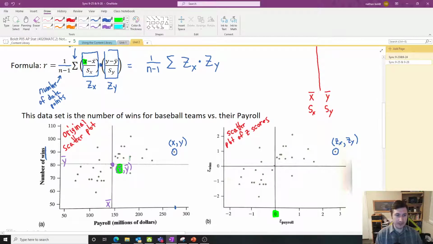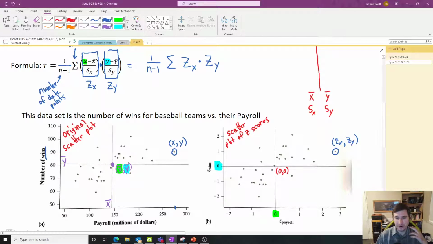And if I do the same thing for y, plugging y bar into the z-score formula for y, that becomes y bar minus y bar, which is 0. And so the x bar comma y bar point, the center, becomes 0, 0. The middle is a z-score of 0. Hopefully that connects a bit to what we have done before.